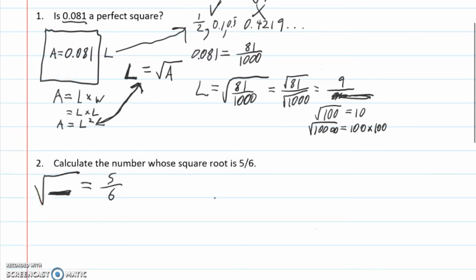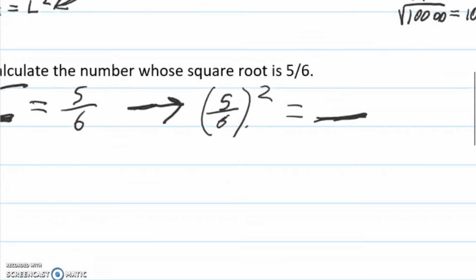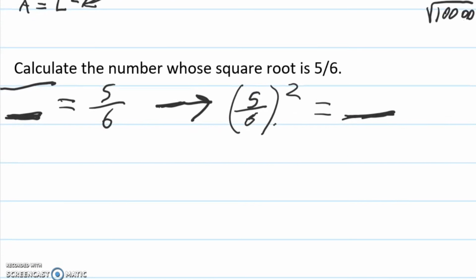So if we talked about it as inverse operations, then to do that, we actually just need to flip it and ask, what is 5/6? And we want to square the whole thing, equaling some number. Okay, so calculate the number whose square root is that. You have to just square the number that it just talked about.